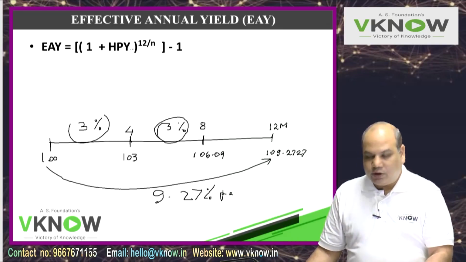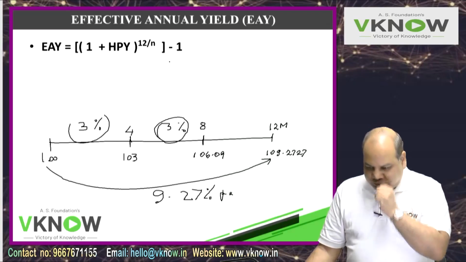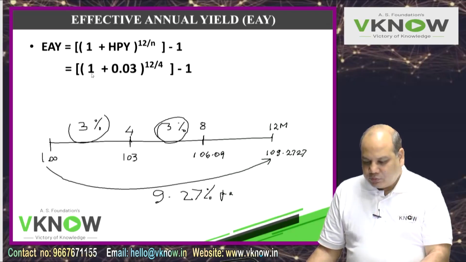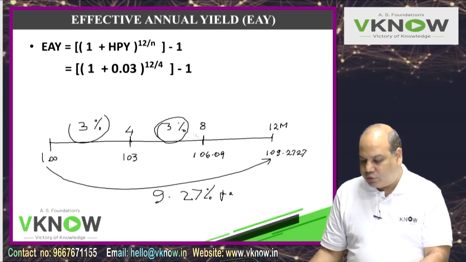Okay, this effective interest formula we have studied in time value of money also. So the same formula we are using again today. So write down effective annual yield is equal to 1 plus HPY to the power 12 by n minus 1. 1 plus 0.03 to the power 12 by 4. So 4 months, 4 months, 4 months.